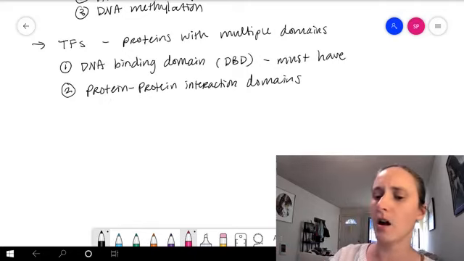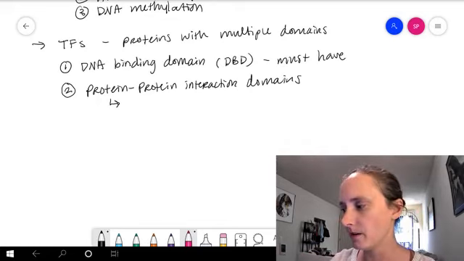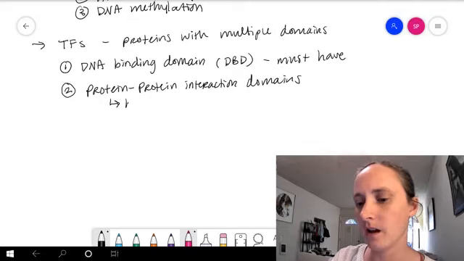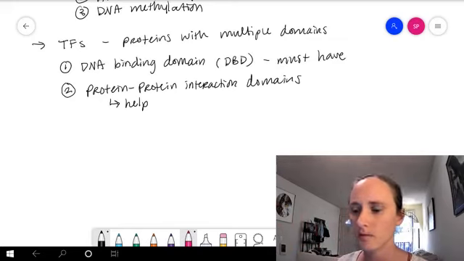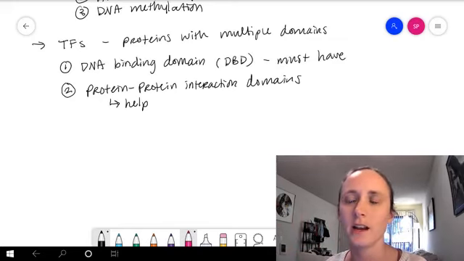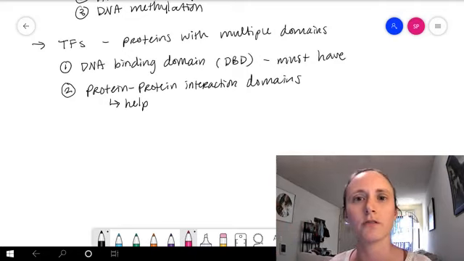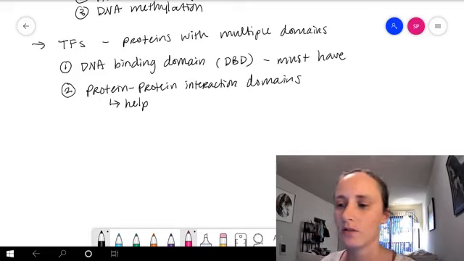This can come in a couple of different flavors, although there's a lot of ways this can happen. One of the main ones is this domain can help the transcription factor contact the rest of the transcriptional machinery to get transcription initiated. So it might help attract, in eukaryotes, the general transcription factors. It might help recruit RNA pol itself. Those types of interactions.